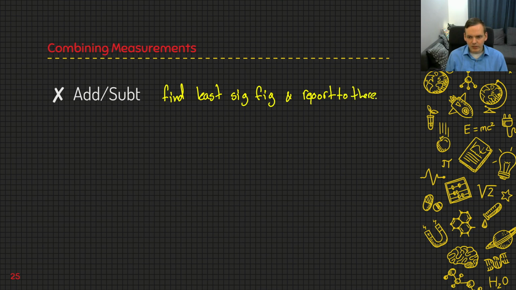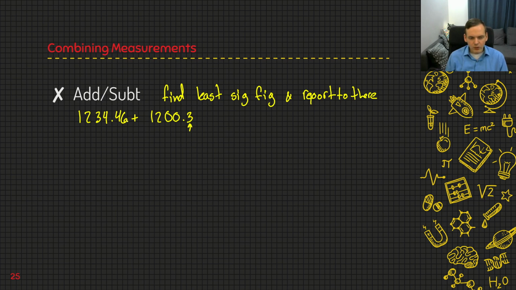So this is easier to see with an example. If I do 1234.46 plus 1200.3, well, we know that our least significant figure is this 3 right here.